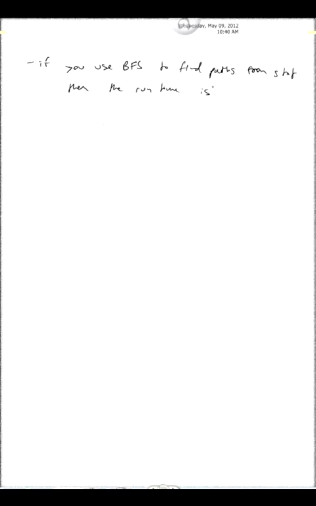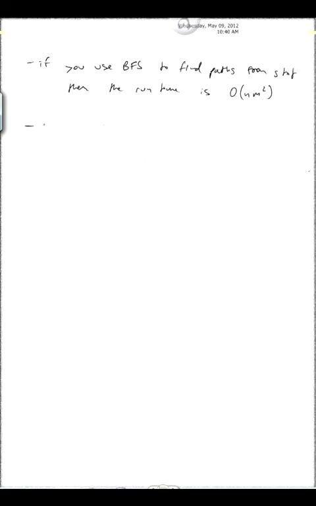It's just O of n times m squared. So it's still not great. N times m squared is significantly slower than runtimes for Dijkstra's.